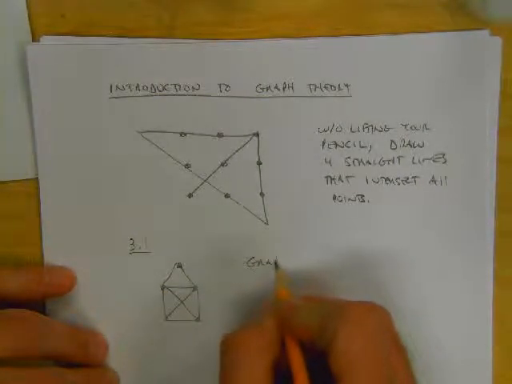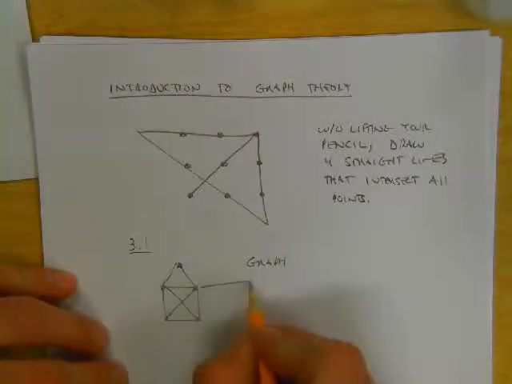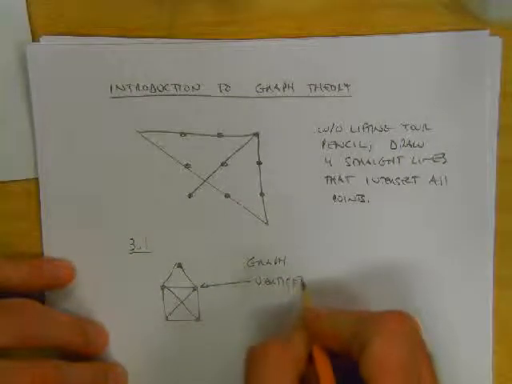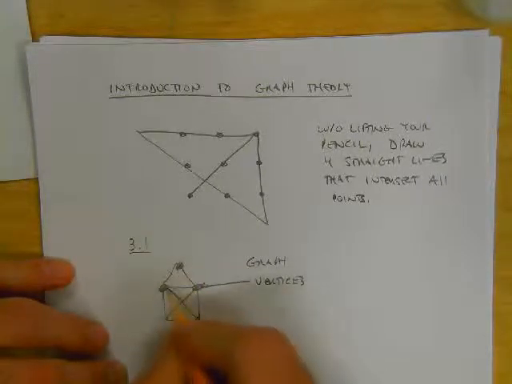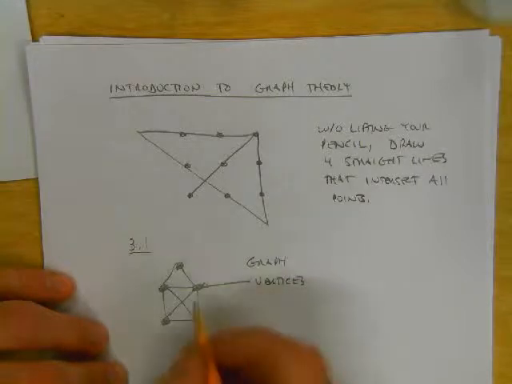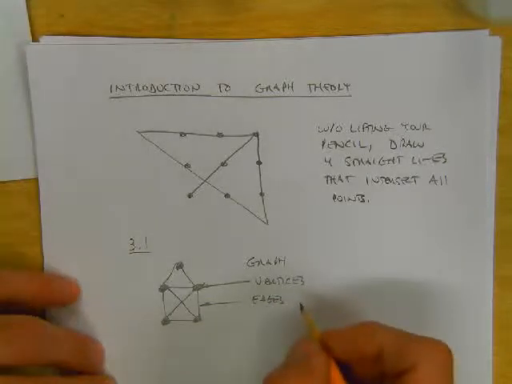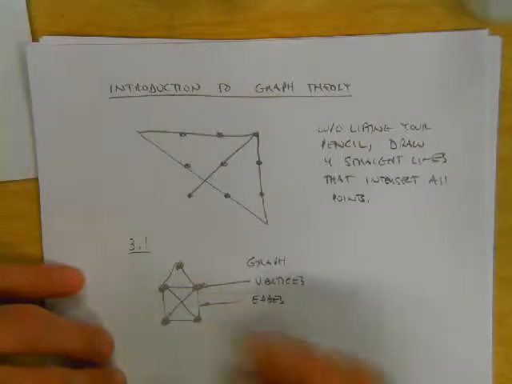So this is called a graph, and it has what are called vertices, and the vertices are what look like dots. So in this case there are 1, 2, 3, 4, 5 vertices, and then these lines that connect them are called edges. Now in this case there are 1, 2, 3, 4, 5, 6, 7, 8 edges.